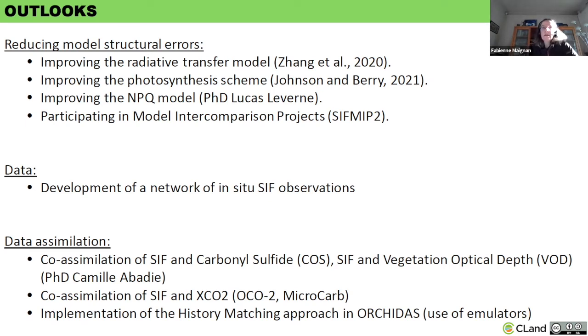And finally, some colleagues have implemented in our ORCHIDAS data assimilation toolbox history matching, which is a very promising approach where we use Gaussian process emulators to, in fact, have very quick simulations. And I will stop here.